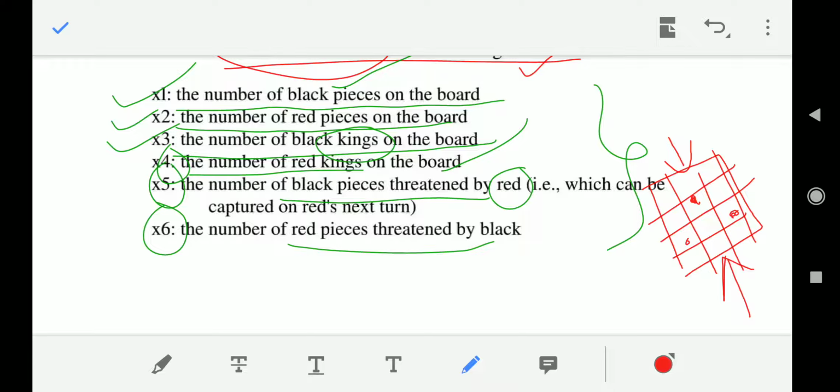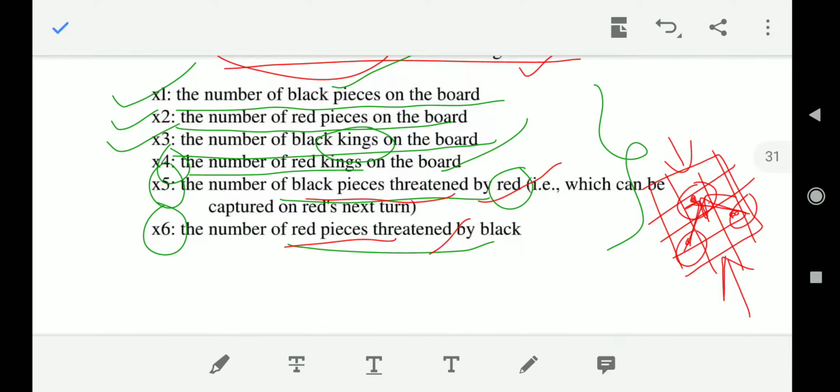As you can see in the checkers game, it moves only in the diagonal direction. This is your piece. This piece is threatened by this piece and this piece. This piece can also remove your piece. This piece also can remove your piece. So that is the meaning of number of black pieces or red pieces threatened. Are you understanding? Hope it is clear.